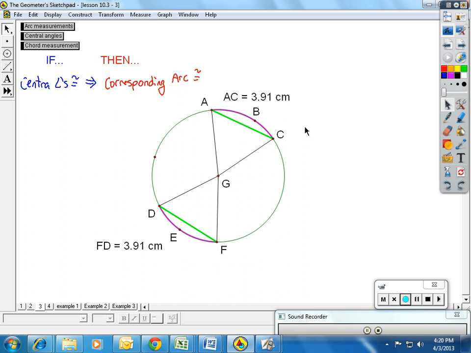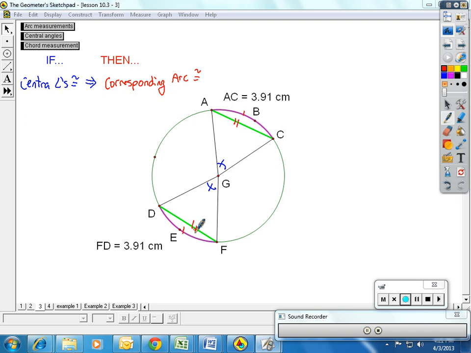So the chord measurements are the same. I'll just cut to the chase. If my central angles are congruent, then my arcs are congruent. If my arcs are congruent, then my chords are congruent.